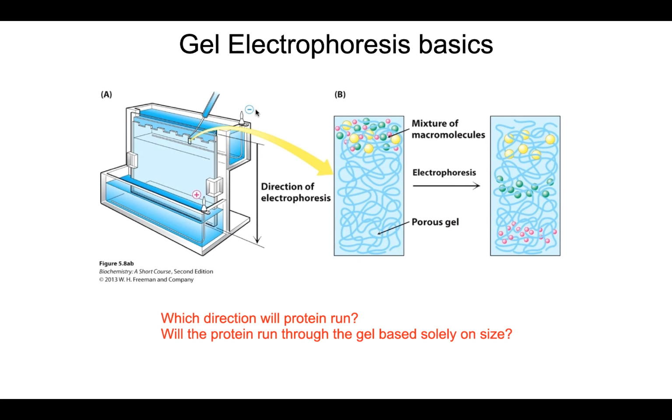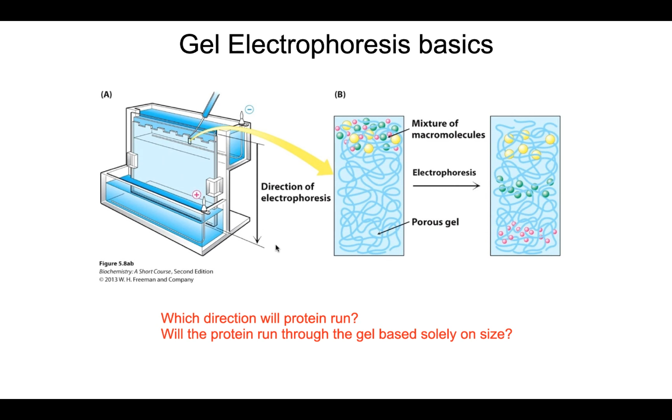All right, let's think about it. What do we know about DNA? Well, DNA has a net negative charge, which means DNA will always run towards the positive pole. Can we say that about proteins? Do we know that every single protein has a net negative charge? No. Different proteins have different net charges.